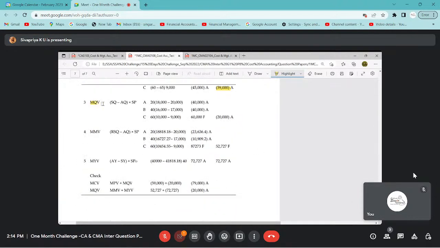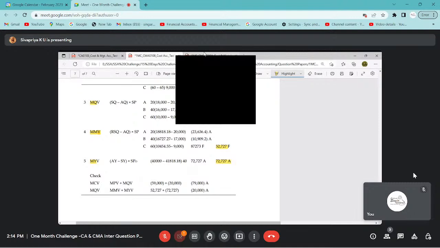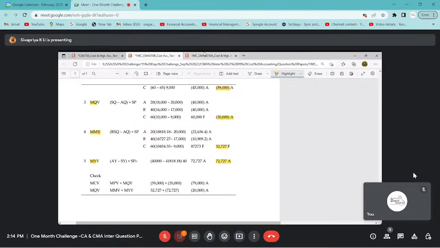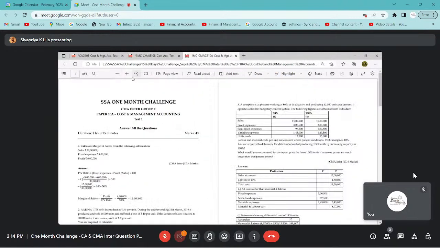Material quantity variance is 20,000 adverse. Mix variance is 52,727 favorable. Yield variance is 72,727 adverse. Okay, so that's all with respect to CMA Group 1, Paper 8 Cost Accounting, and CMA Group 2, Paper 10A Cost and Management Accounting.